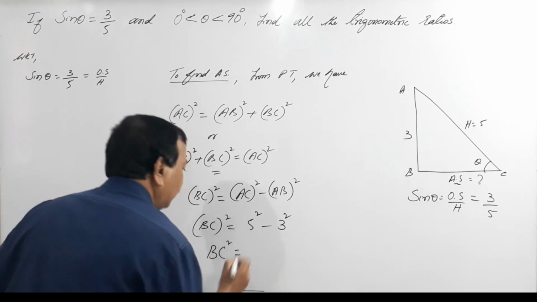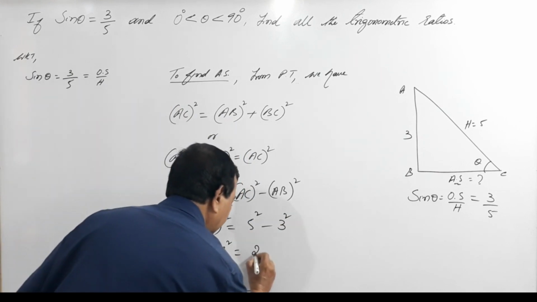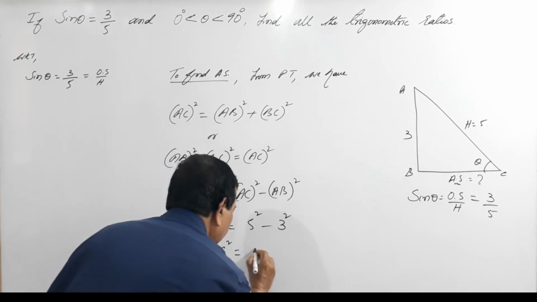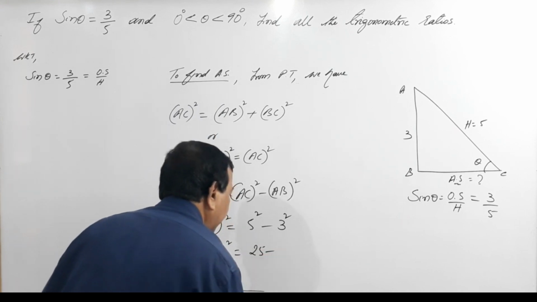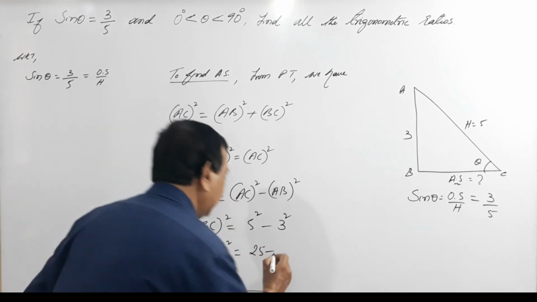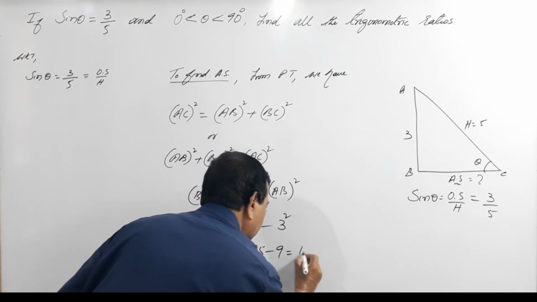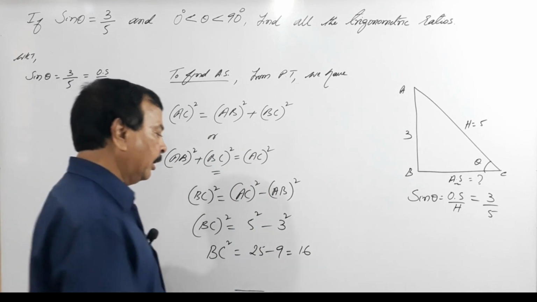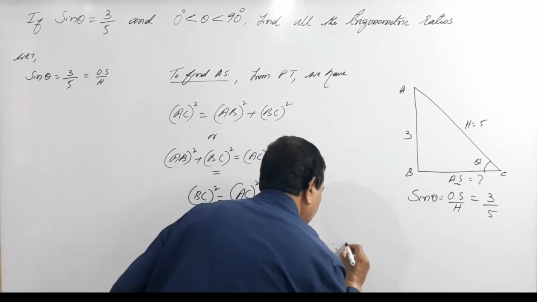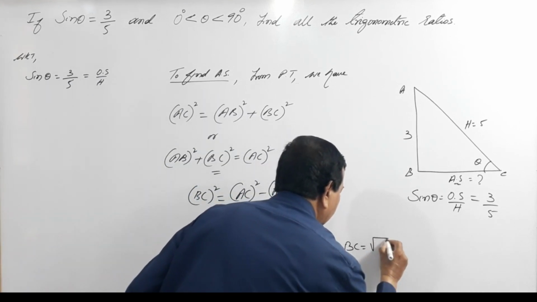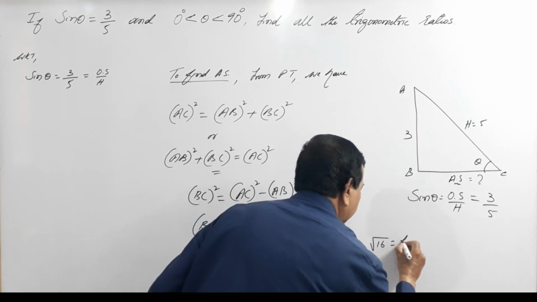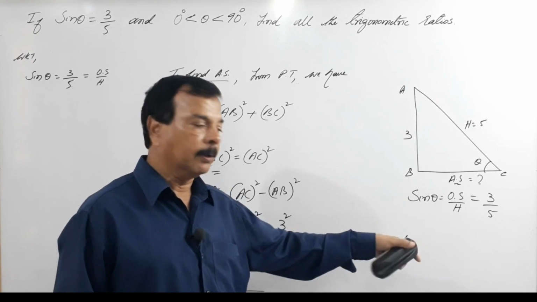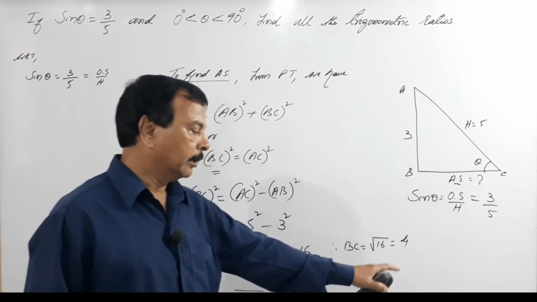BC square equals 5 square, which is 25, minus 3 square, which is 9, equals 16. When BC square equals 16, therefore BC equals square root of 16, that is 4. Whatever the unit, whether centimeters, meters or millimeters, that is the unit. So we got 4.